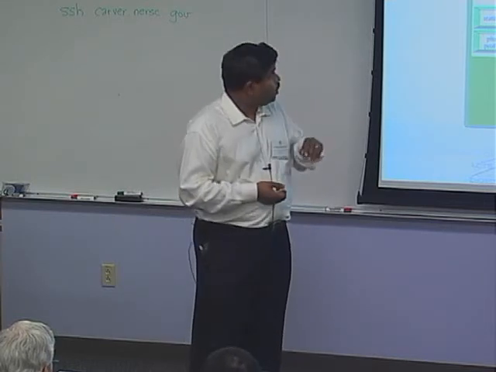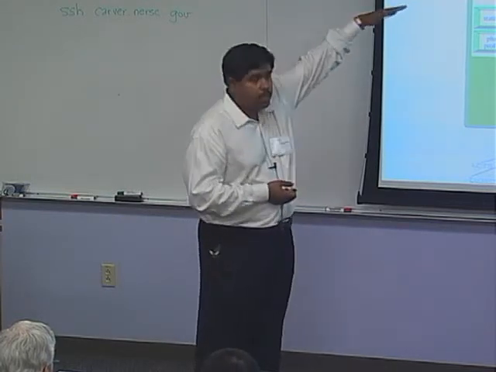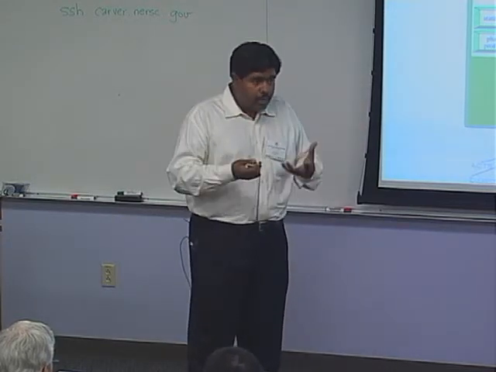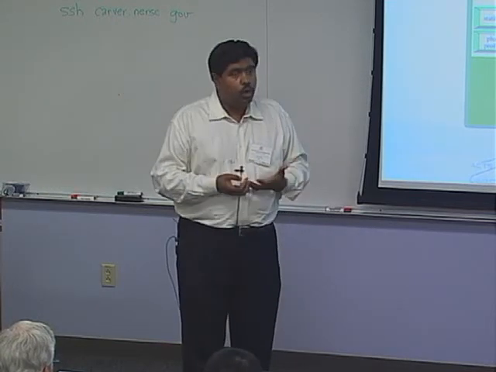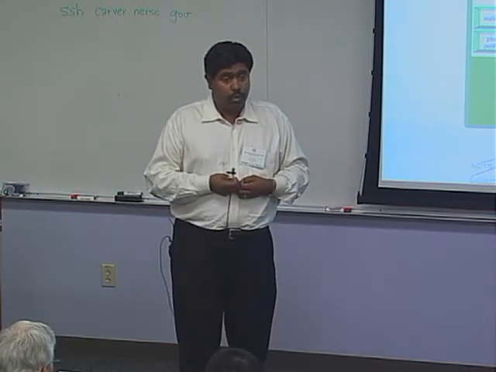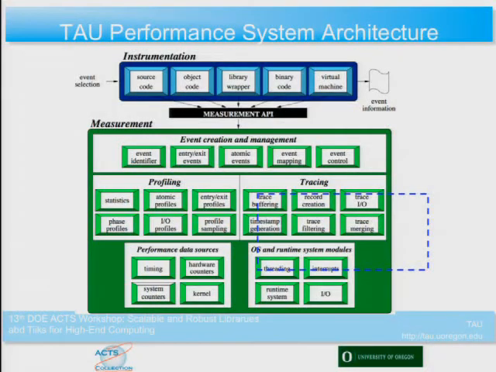But the key thing is all of these layers pretty much target the same measurement API. And this API helps you decide what you want to measure. Do you want to measure the time spent in functions and write out a single flat profile, or do you want to capture the structure of the computation and show the full tree, the call graph of the program?